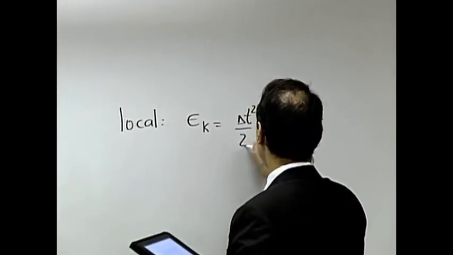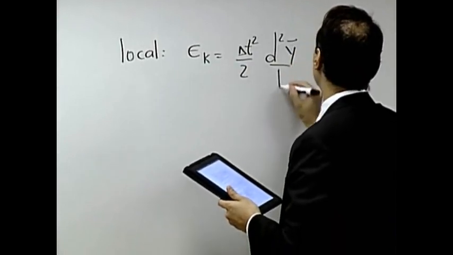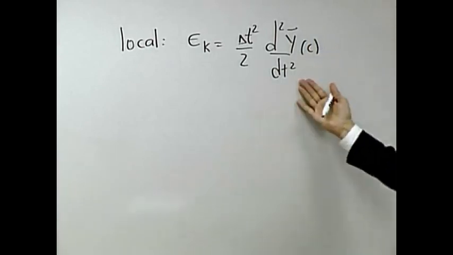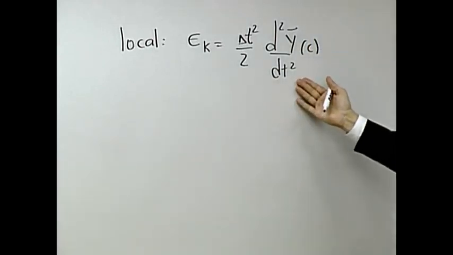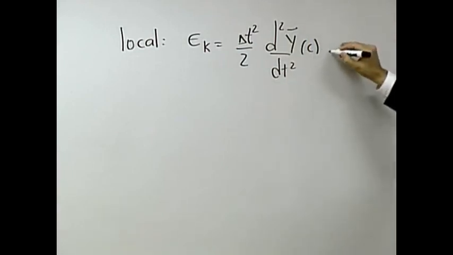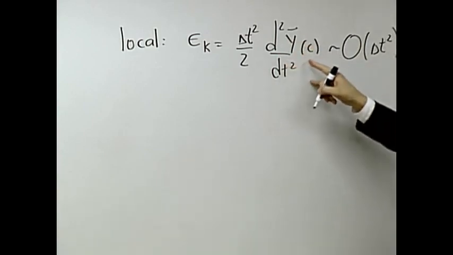You just ask the question, what did I throw away? Here is what I threw away. Right? When I did that Taylor's approximation, I threw this term away. That's my error. So my error, and this is where, when we talk about error, we always do order of. We always assume this is just some number.